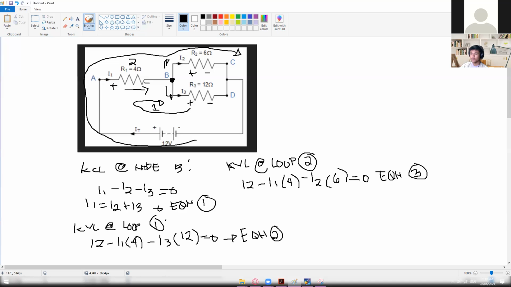From here, you can now use equation 1 to replace the variables in equation number 2 and equation number 3 for you to be able to get the I2 and I3 variables only. Sorry, it is not the I3 right now, but the I1 that you have to replace, for you to be able to get I2 and I3 on equation number 2 and I2 and I3 on equation number 3.